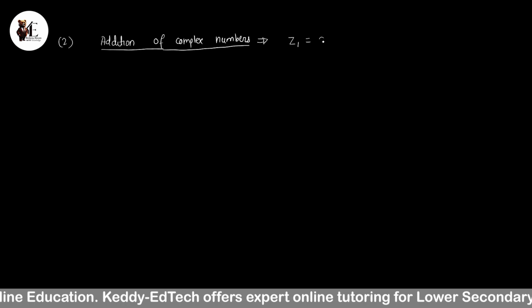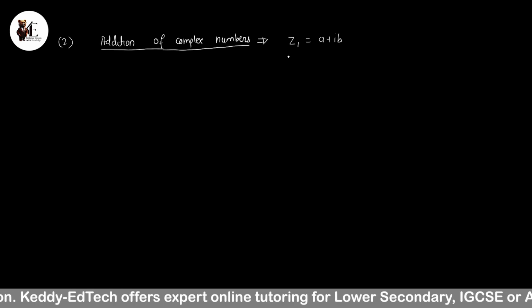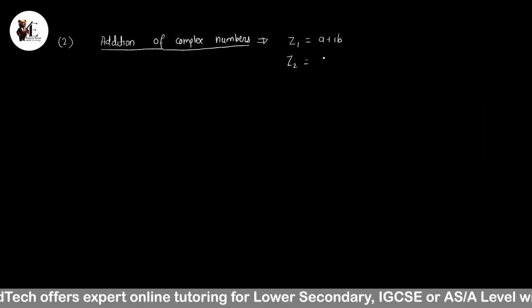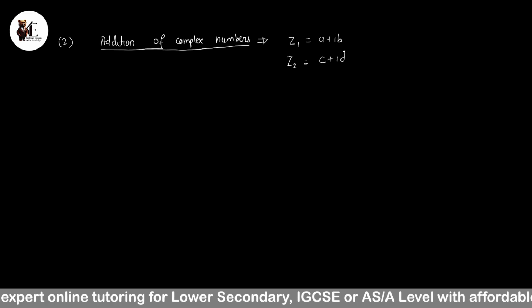Addition of two complex numbers, or addition of complex numbers. So let's say the first complex number is this and the second complex number is this one.